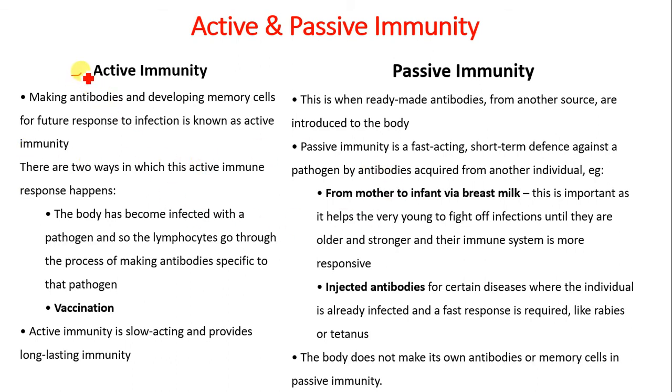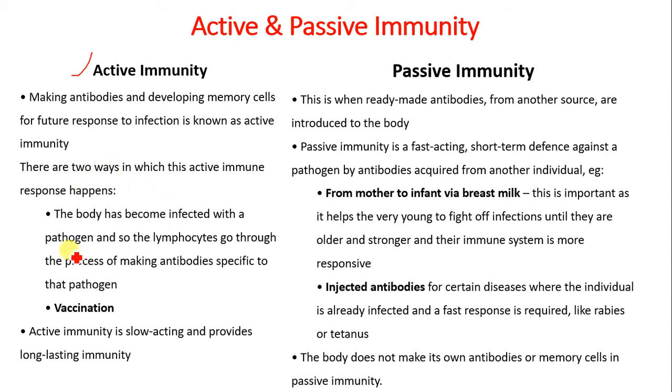Making antibodies and developing memory cells for future response to infection is known as active immunity. There are two ways in which this active immunity response happens.